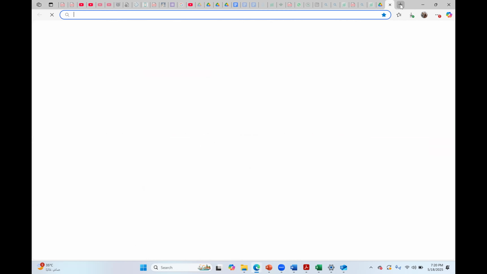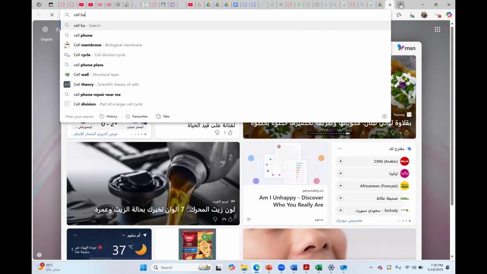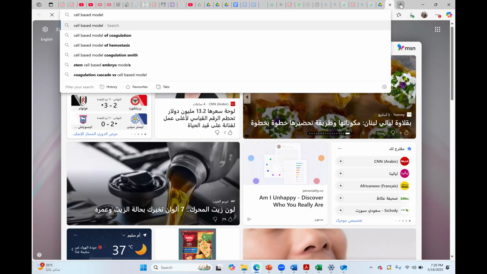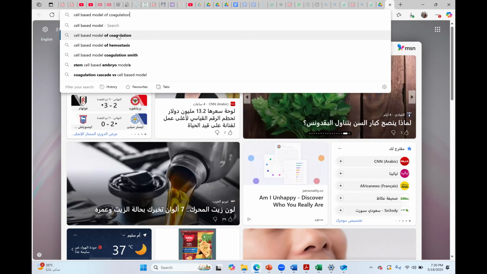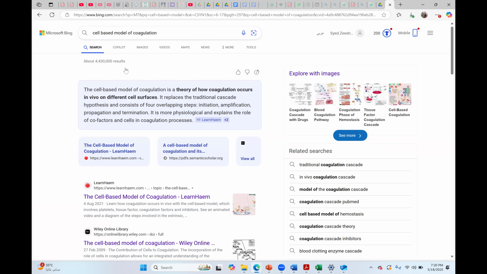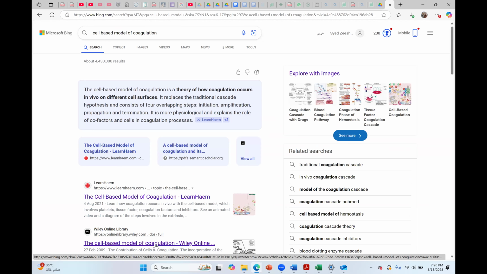No, no. Cell-based model. That is the cell-based model of coagulation: initiation, amplification, and propagation.